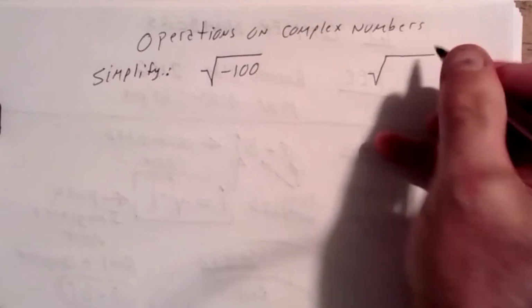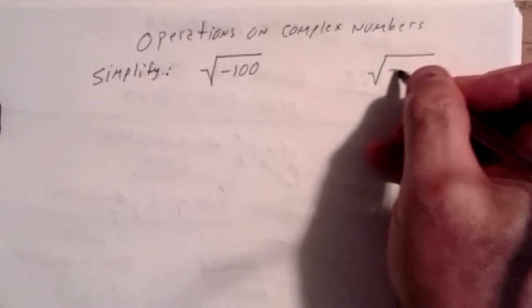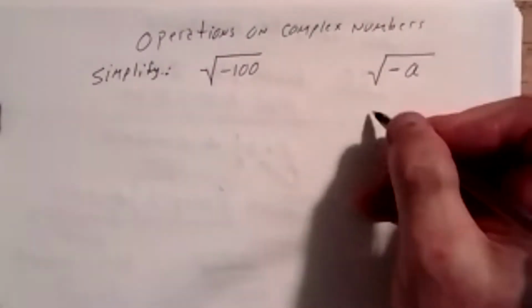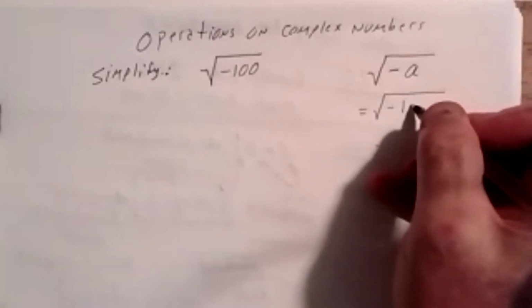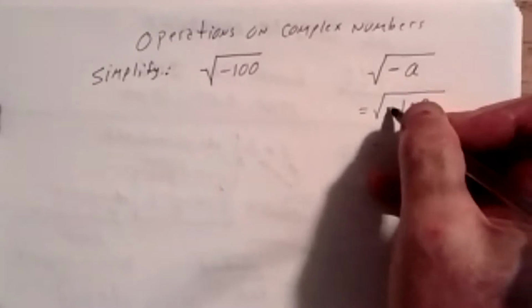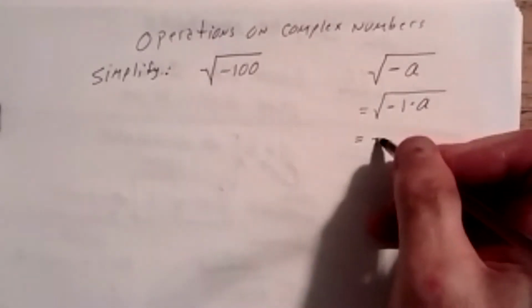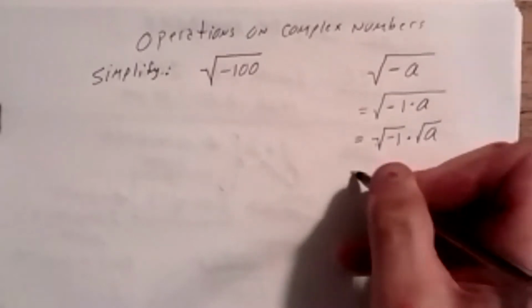In general, if I have the square root of a negative number, do you agree I can rewrite the square root of -a as the square root of -1 times a? We all buy that? But the product rule of square roots says that I can break this up into the square root of -1 times the square root of a, correct?